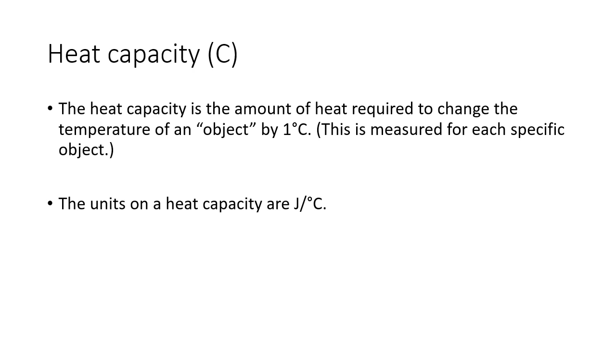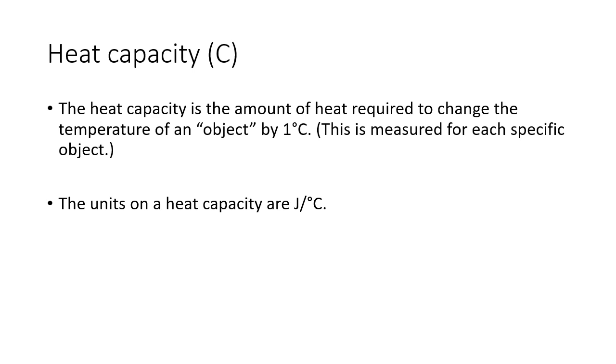Heat capacity is given the symbol capital C without a degree sign so that it's different from degrees Celsius. The heat capacity is the amount of heat that's required to change the temperature of an object by 1 degree Celsius.